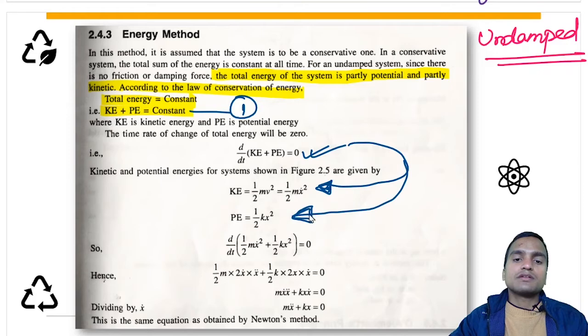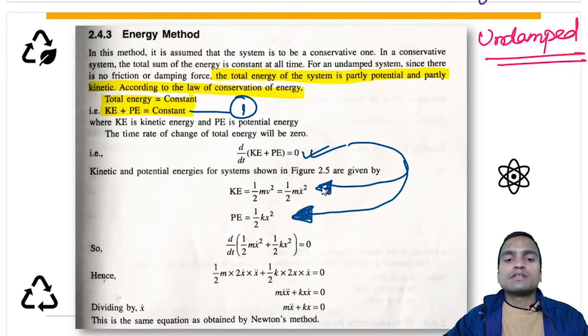We know kinetic energy is half mv square, and v, velocity, is represented here as x dot. Kinetic energy is half m x dot square. Similarly, potential energy stored in the spring is equal to half kx square. I hope you know this.